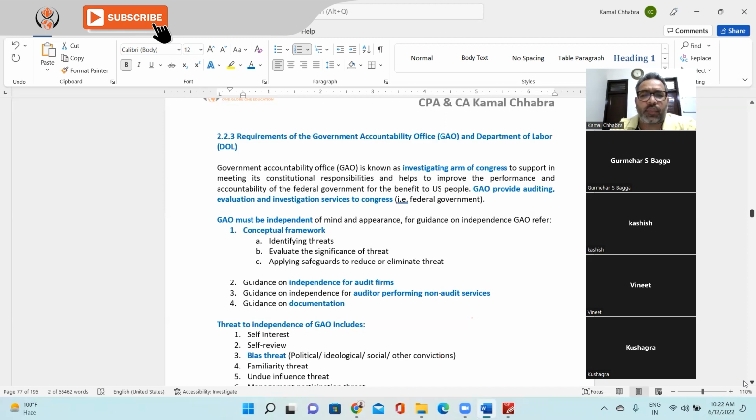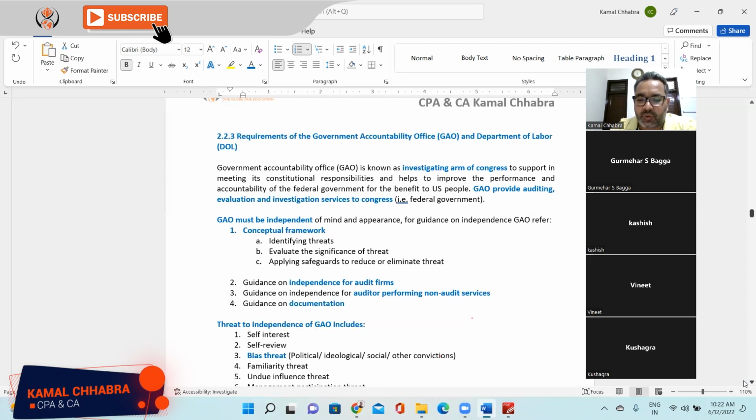For independence, they need to follow the independence rules of AICPA, and for additional guidance, they are required to follow the conceptual framework, guidance on the independence of auditors performing non-audit services, and guidance on documentation for independence-related work.